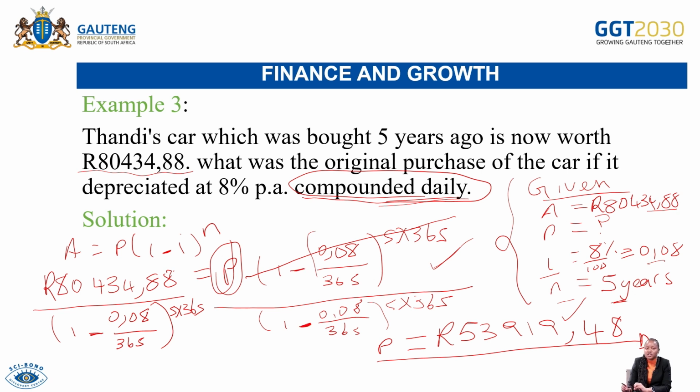Don't forget depreciation. Thank you very much, guys. Depreciation, you need to put the negative. So in your formula, you use the equation of 1 minus i, not 1 plus the i, because we are talking about the depreciation. Okay, so let's just fix that. Let's fix our answer.